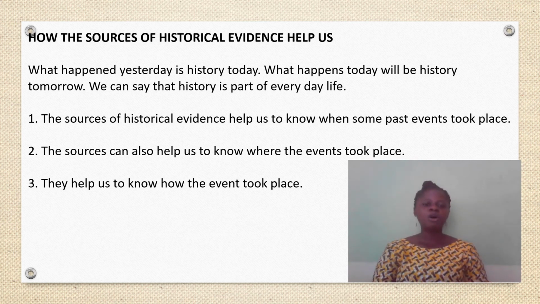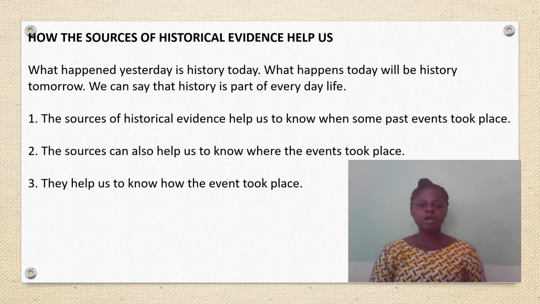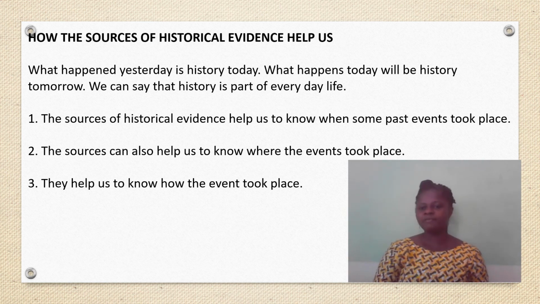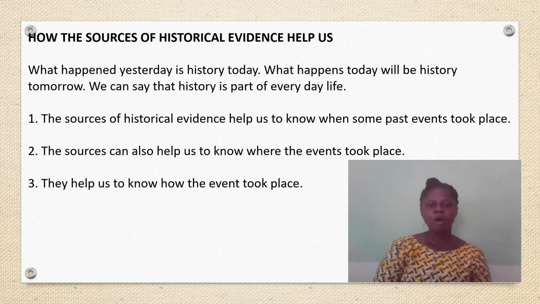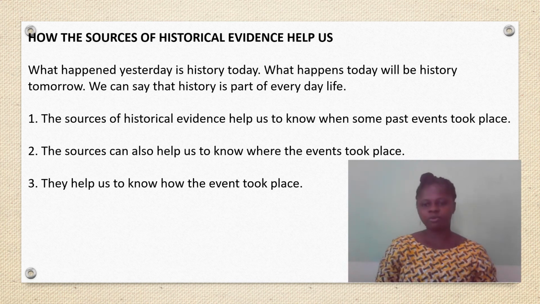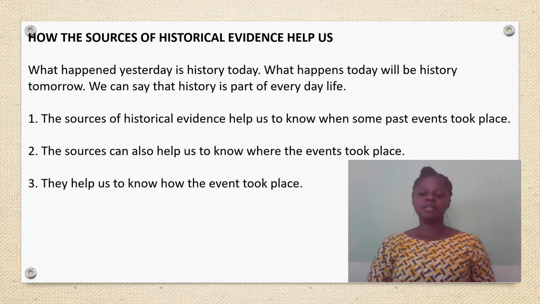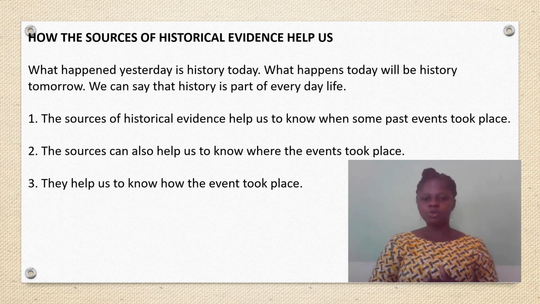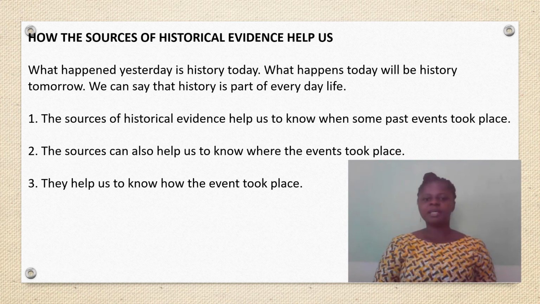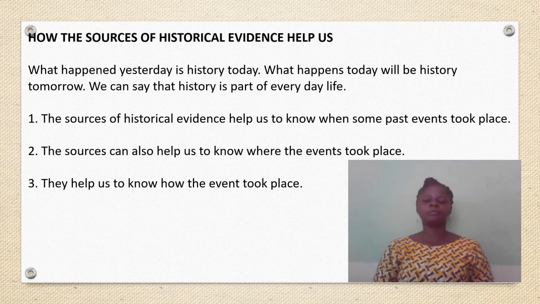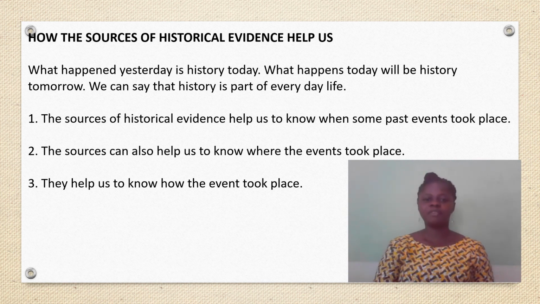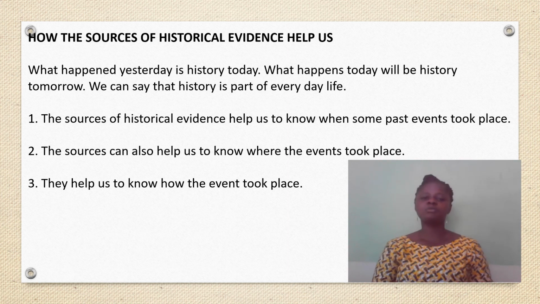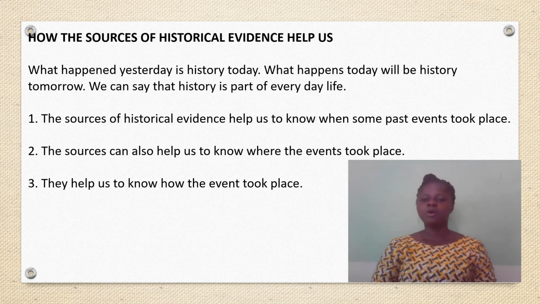The sources can also help us to know where the event took place and how it took place. So basically there are three things: when it took place, where it took place, and how it took place. This is how the sources of historical evidence help us.